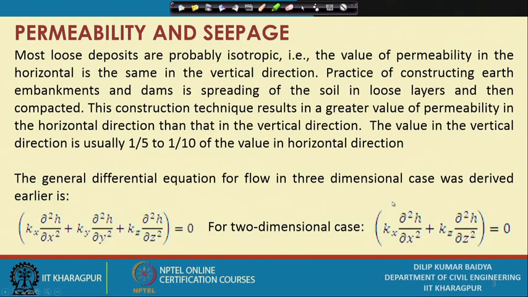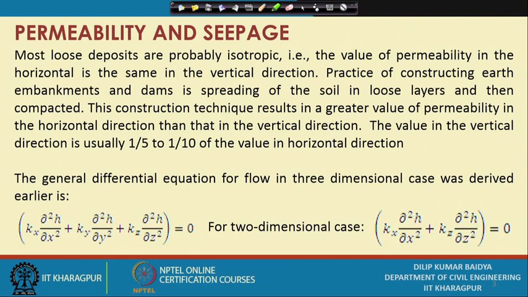Now, most loose deposits are probably isotropic. That means if the soil is in a loose condition, then when flow takes place, flow in all directions will be almost equal. That means the permeability in the horizontal direction is the same as in the vertical direction.